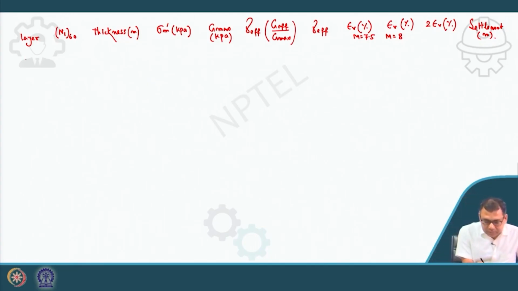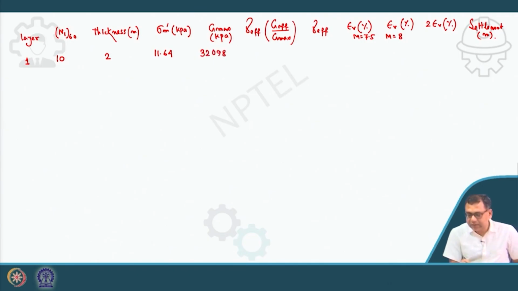Now I put for the first layer: N160 is 10, thickness is 2 meter, sigma m bar was 11.64, G max was 32098. Now the strain effective value, this term, was 9.11 into 10 to the power minus 5.